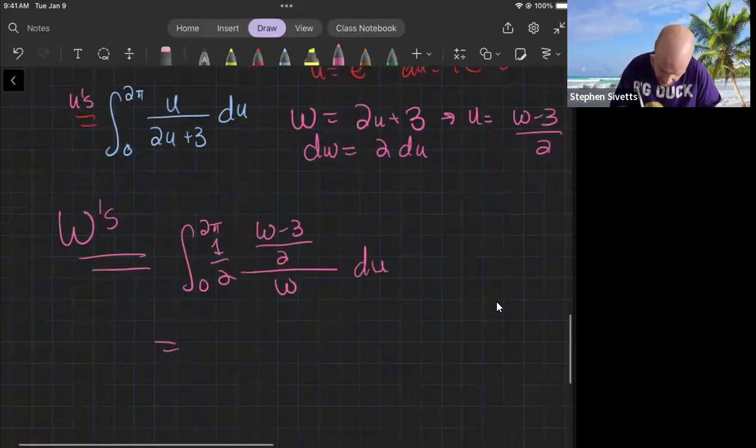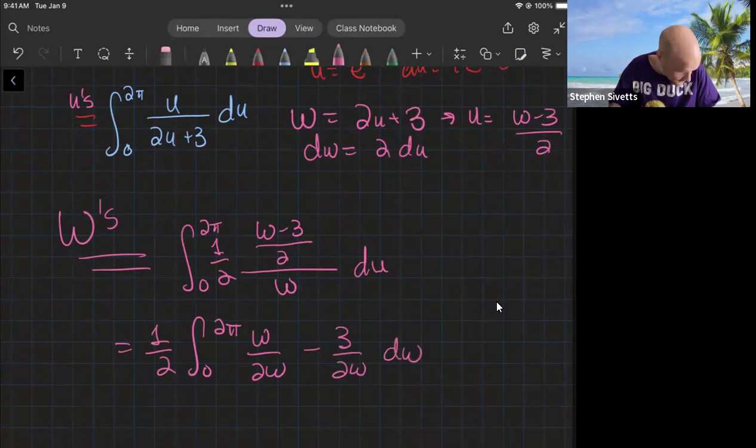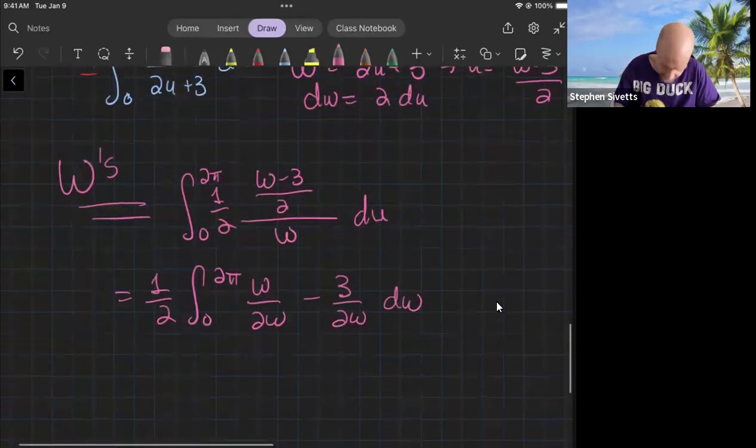Okay. So this equals 1/2 times the integral from 0 to 2 pi of w divided by 2w minus 3 over 2w dw. Okay.